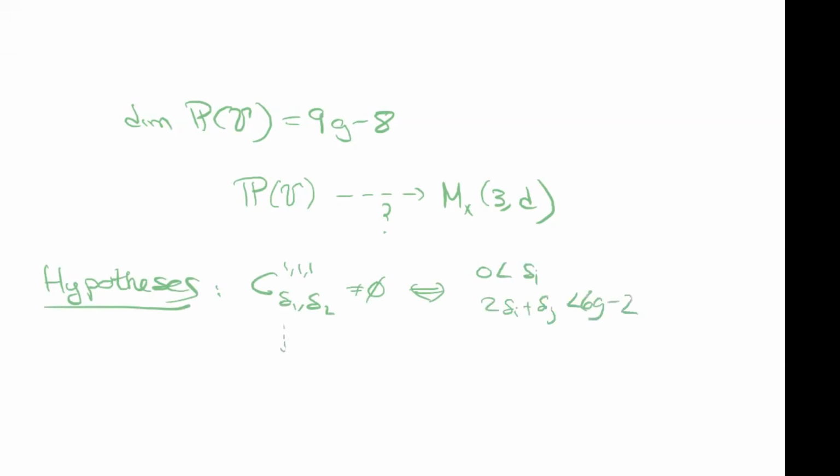And they will be birational to this PV. And also for wobbly guys, we are persuaded that they are divisors if and only if delta 1 plus delta 2 is at minus 3G minus 3.